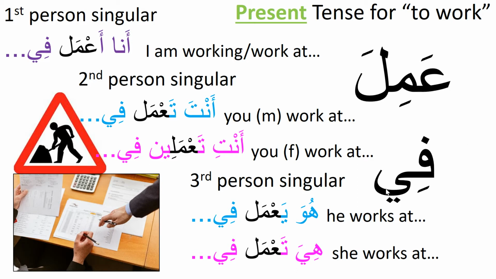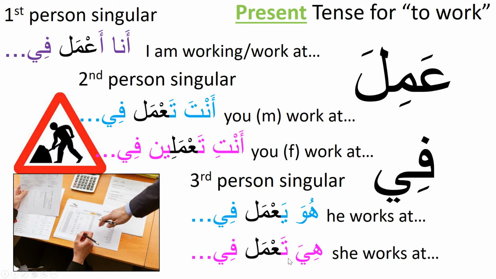For instance, I can say amal, that's the present tense conjugation for I am working or I habitually work, right? Amal, and then I could say ustad. Amal ustad. I work as a professor. Or amal mudarris. I work as a teacher.